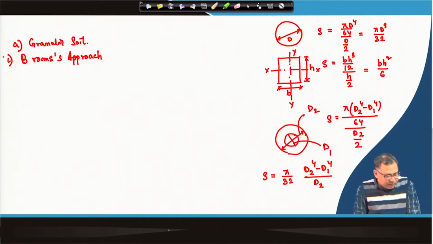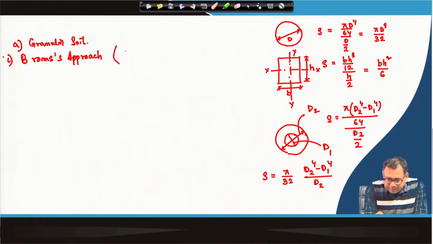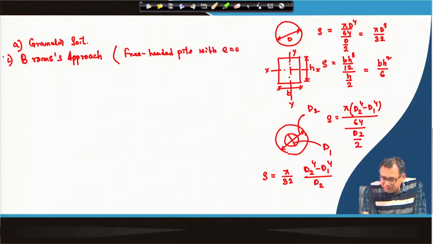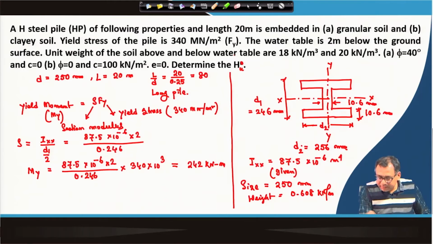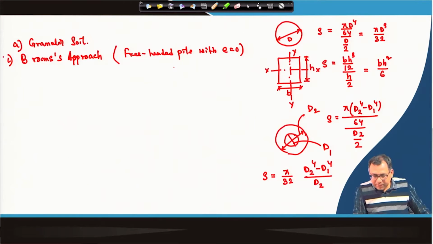Okay. Now, it is a free headed pile with e equal to 0, because e is given as 0 here.